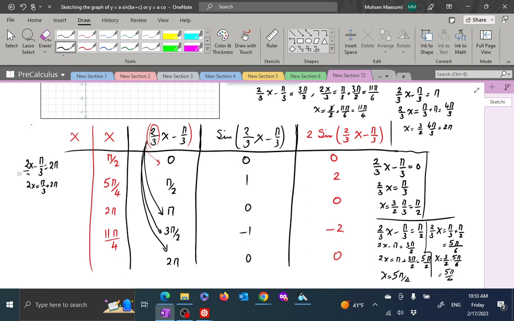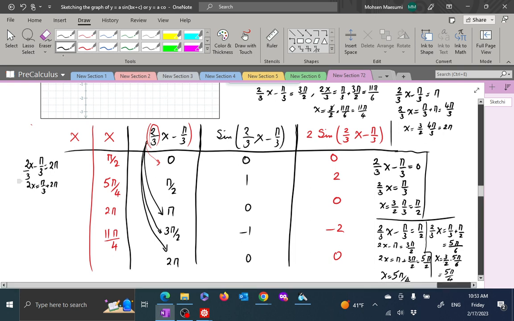Did I make that mistake somewhere? Okay, 2/3 x. So I take a common denominator here. So this is 3 pi and 6 pi is 7 pi. So x is going to be 3/2 of 7 pi third, which is obviously just 7 pi halves.